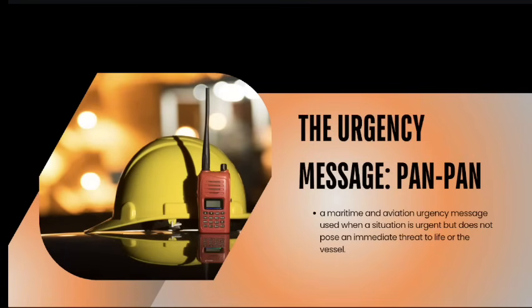So there's a different degree of emergency between the Mayday and the pan-pan. This is a signal that the vessel has a very urgent message about safety, such as a loss of steering or a controllable leak, and it has priority over all communications except for distress signals like the Mayday.